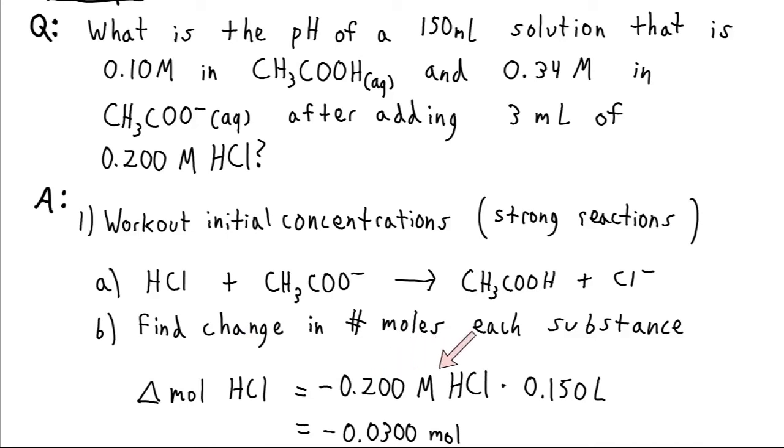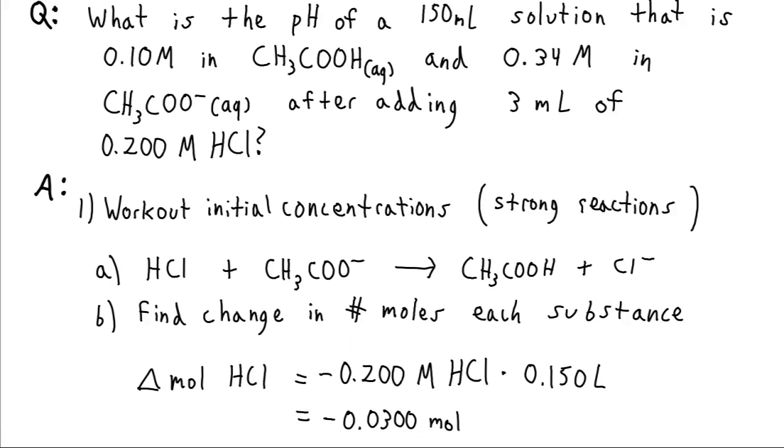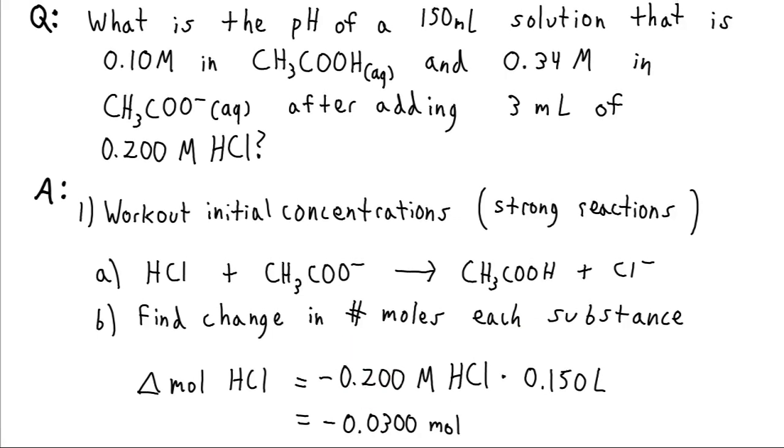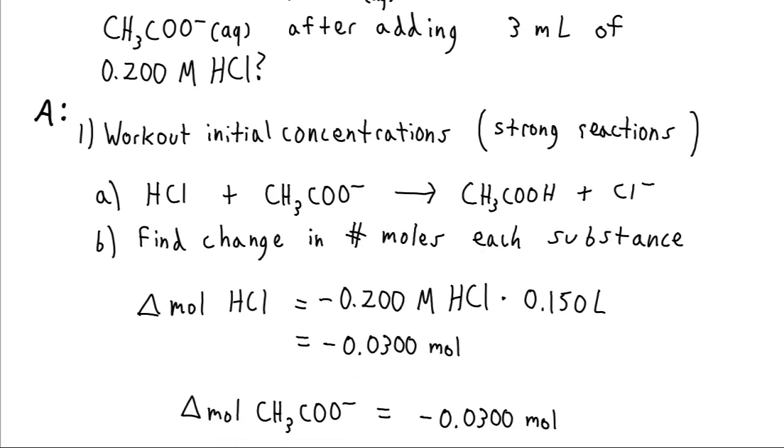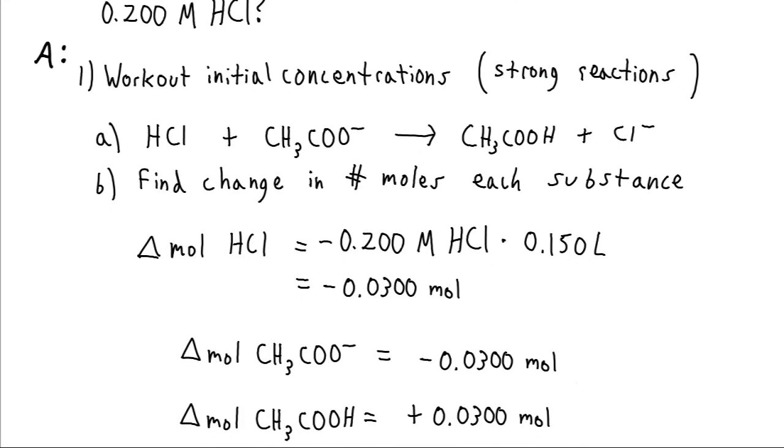So 0.2 moles per liter HCl times our 0.15 liters of solution. I've made it negative since we're losing it. Comes out to a change of minus 0.03 moles here for our HCl. Well, because of the stoichiometry of this reaction, that must mean that we're also losing that same quantity of acetate anions, and we'll be producing that amount of acetic acid.